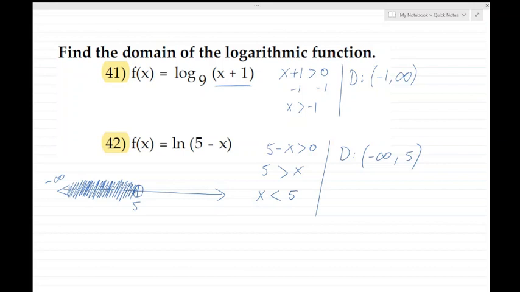The reason is because there's a negative in front of the x, so it has been flipped to the left side. So setting it greater than 0 will solve that problem from the beginning.